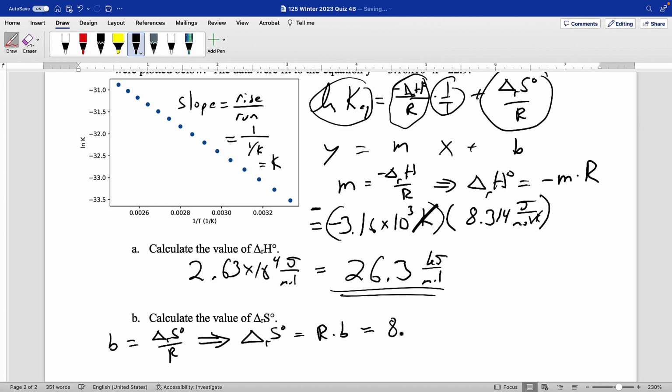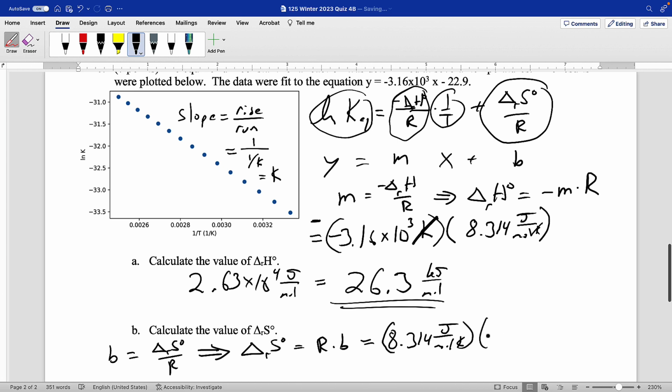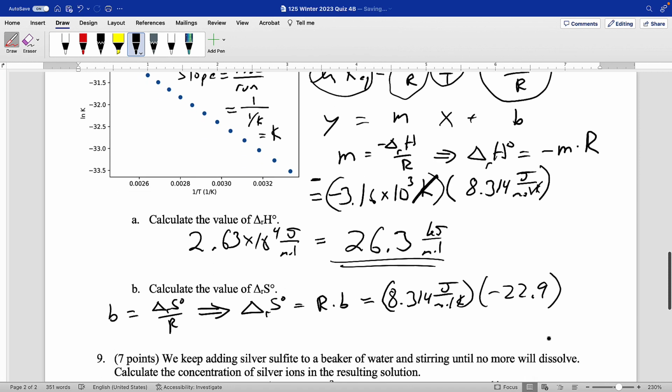So we have 8.314 joules per mole per Kelvin times our y-intercept, which is negative 22.9, unitless. So we take our 22.9, we multiply it by 8.314, and we get 190 joules per mole per Kelvin. So the same units as R, and of course those are the units for entropy.